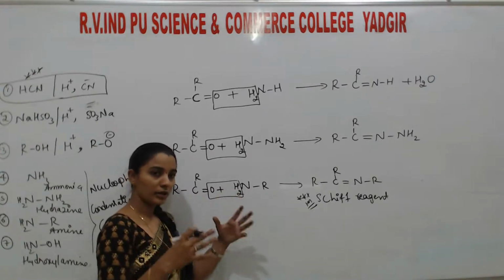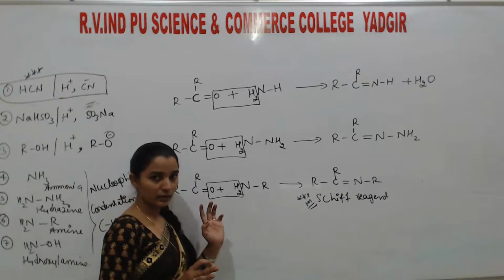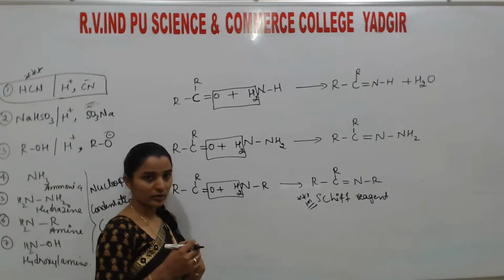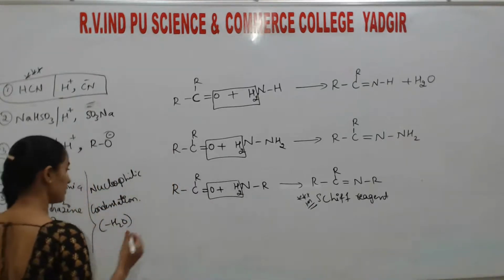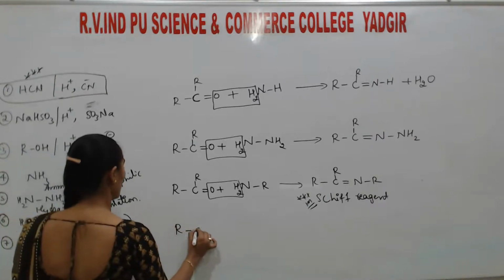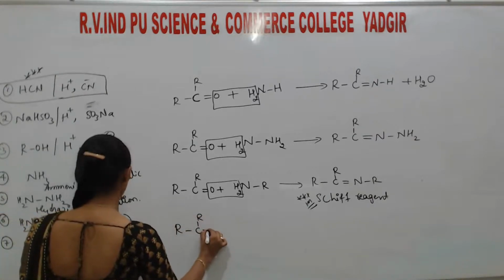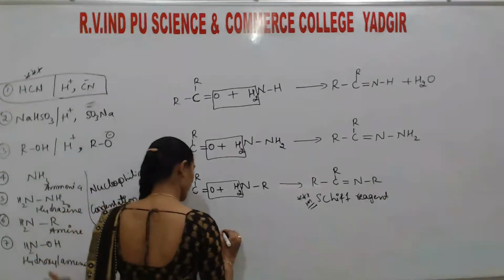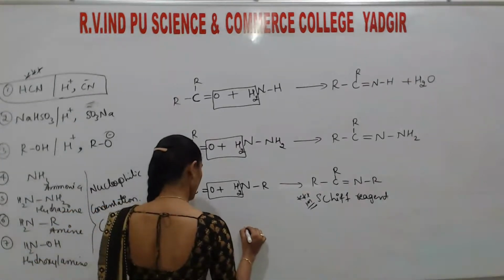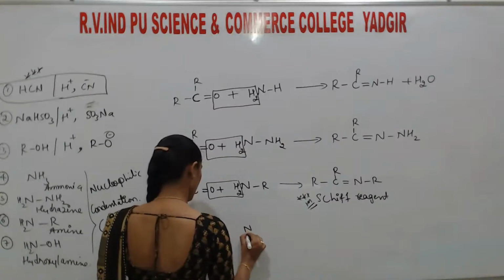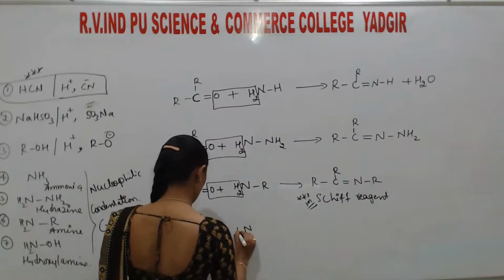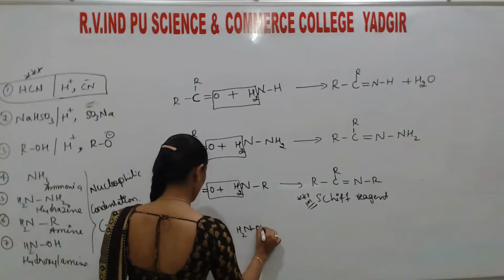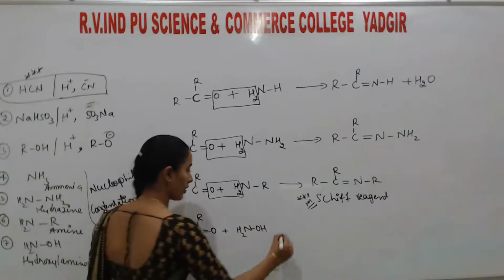Amine or aldehyde or ketone or carboxylic acid, anything. That is Schiff reagent. Okay? And the next one is R-C-R double bond O plus NH2OH.